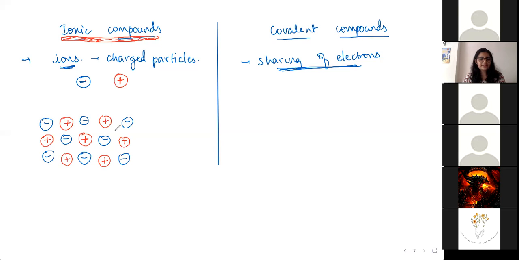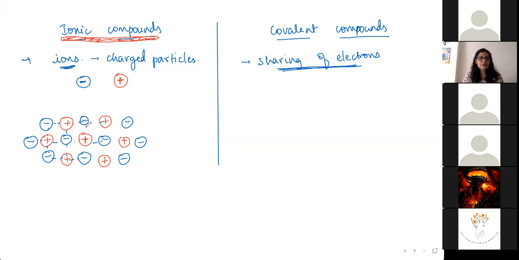That is why if I take salt or rocks, they are like proper stones. They are not individual particles. There's a huge network forming due to the attraction between negative and positive charges.